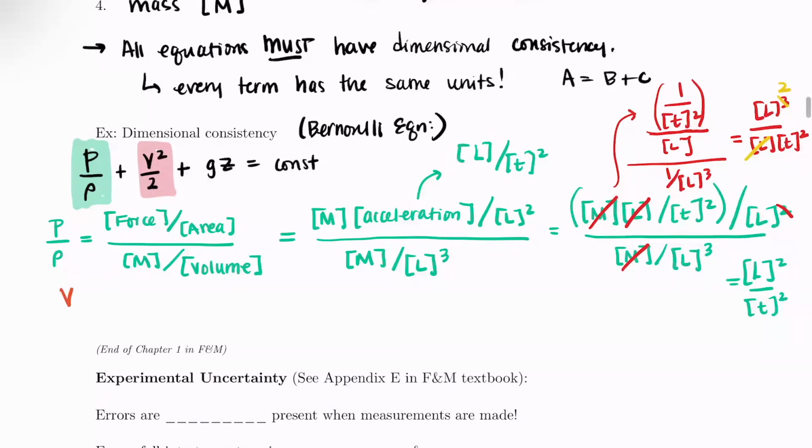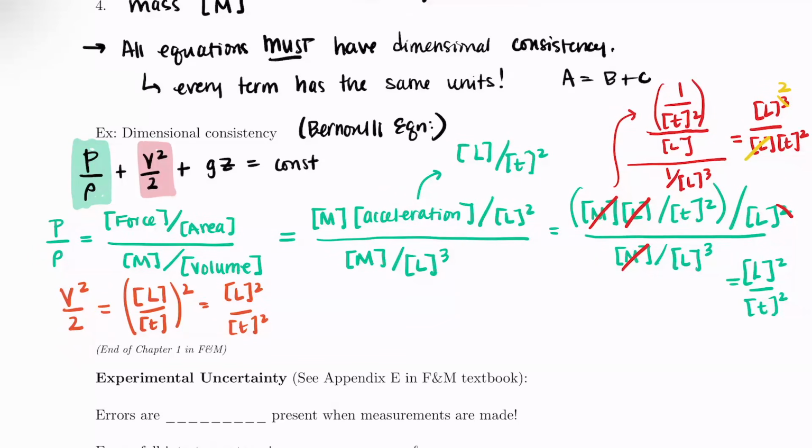So for velocity squared over 2, our units are velocity, so we have our dimensions of velocity quantity squared. So velocity is just meters per second. Typically, that's a length per time. So we have length per time, and that is squared, right? So we have a length squared over a time squared, which is awfully convenient because that's what pressure over density gave us, right?